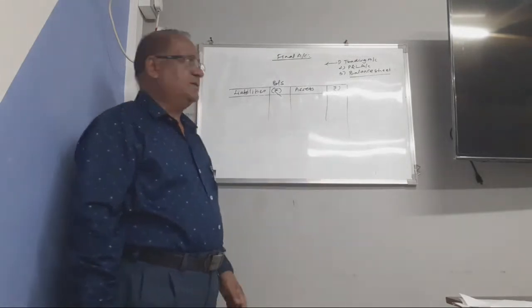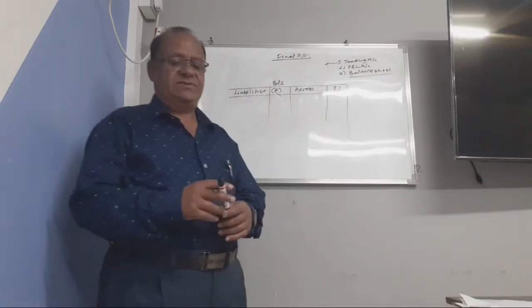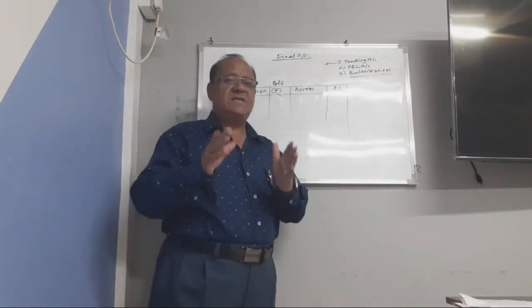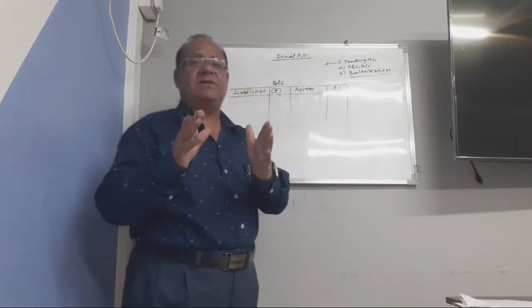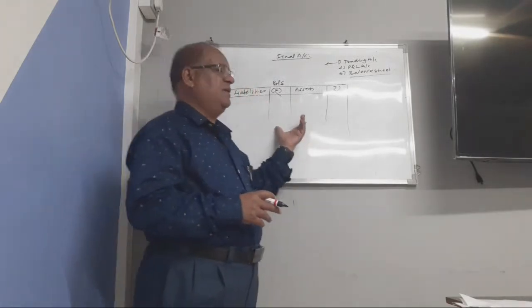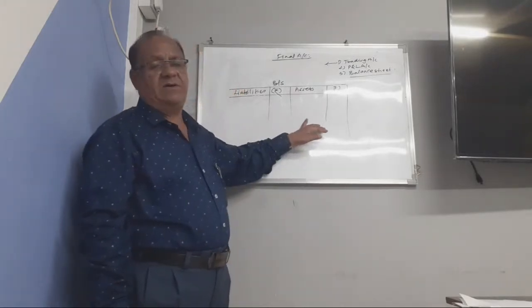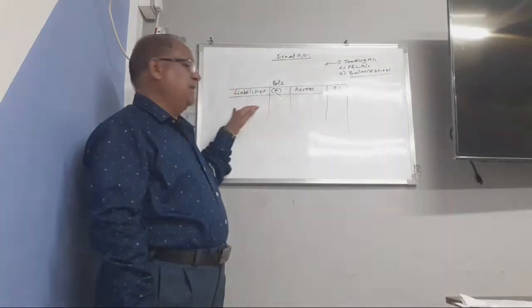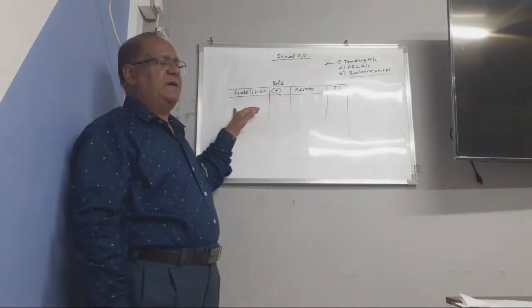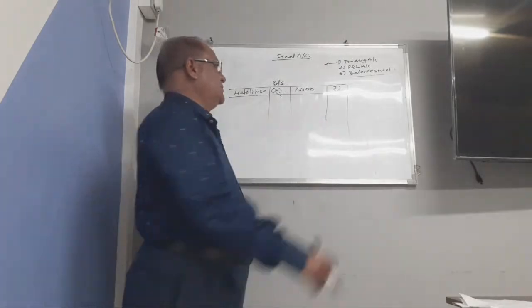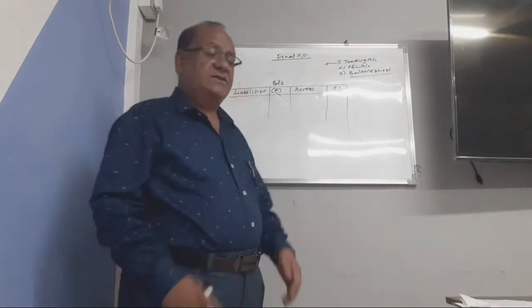So what is a balance sheet? It is the list of assets and liabilities on a particular date. It is a statement showing the list of assets and liabilities on a particular date. On the left hand side of the balance sheet you show the liabilities, and on the right hand side you show the asset side.